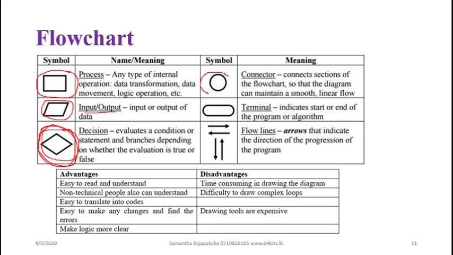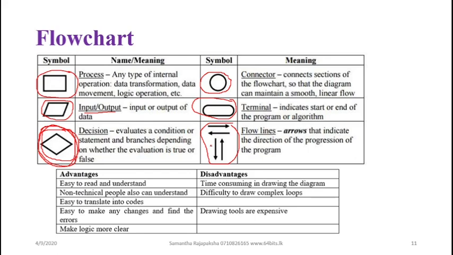If the diagram is going very large, you can connect the flowchart from one part to another part. Now this is the one which will be used to start and end the algorithm. Arrows are used to show the direction in which data is moving, instructions are moving. That is represented by these arrows.